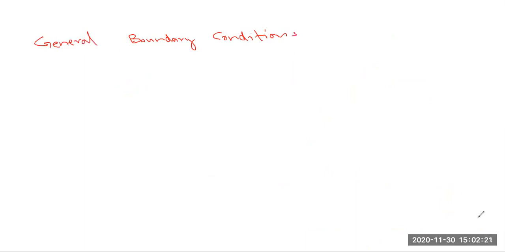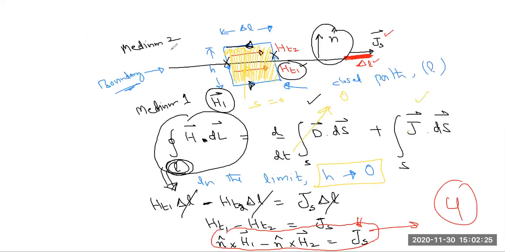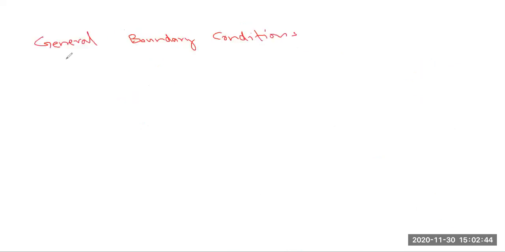Because in the whole derivation process, I haven't specified what is the nature of medium 2 and what is the nature of medium 1. So these boundary conditions are valid for any type of boundary between any type of medium. That is why I'm calling them general boundary conditions.